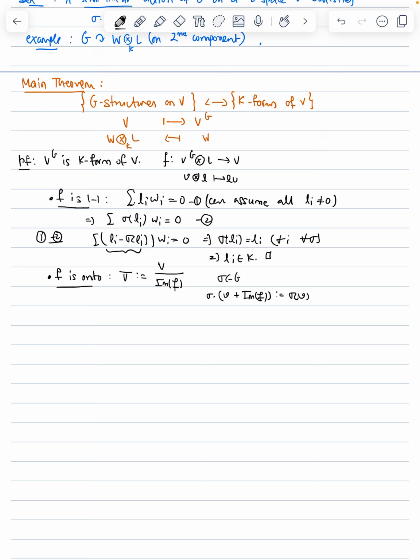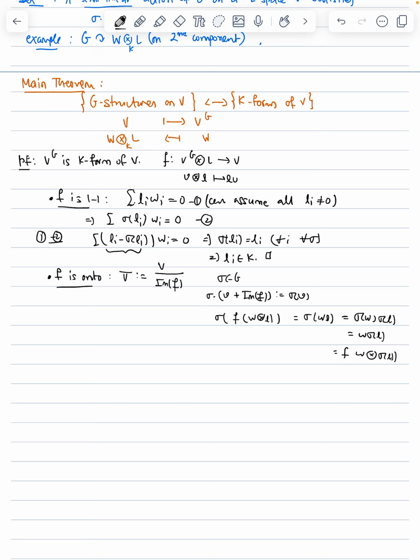It's easy to check: if you have an element in the image and you act on it, the W's are coming from the fixed field, so sigma passes through, and this is W times sigma.